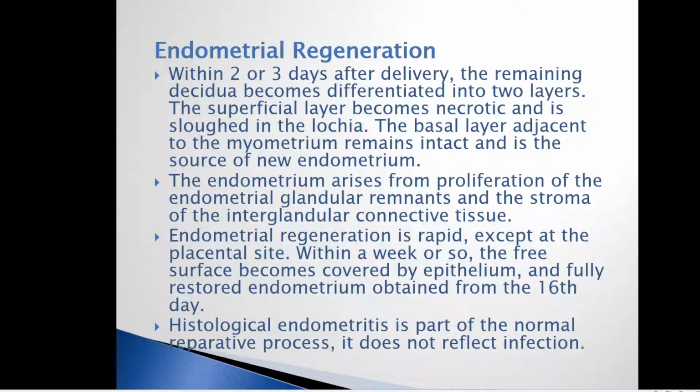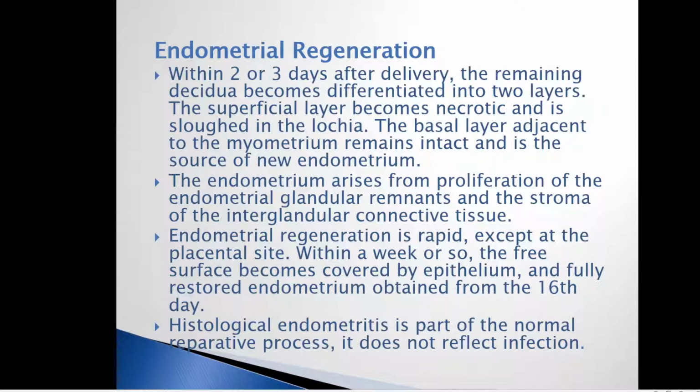Endometrial regeneration. Within 2 or 3 days after delivery, the remaining decidua becomes differentiated into 2 layers. The superficial layer becomes necrotic and is sloughed in the lochia. The basal layer adjacent to the myometrium remains intact and is the source of new endometrium.